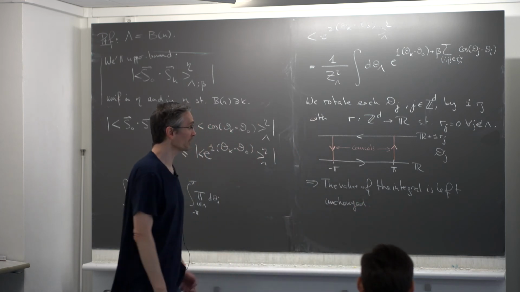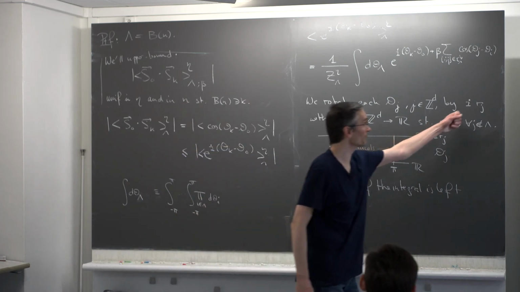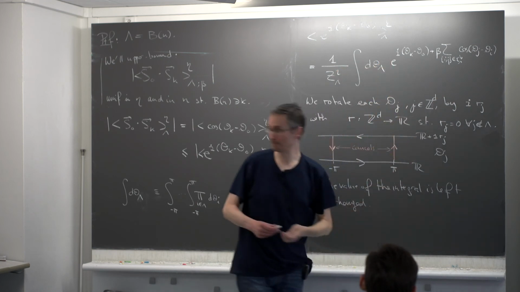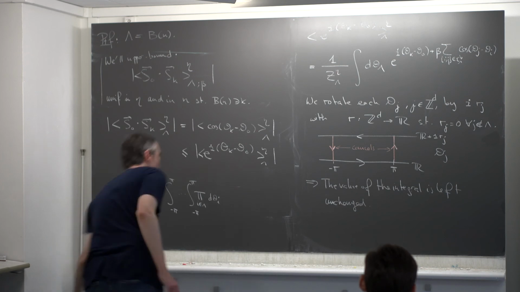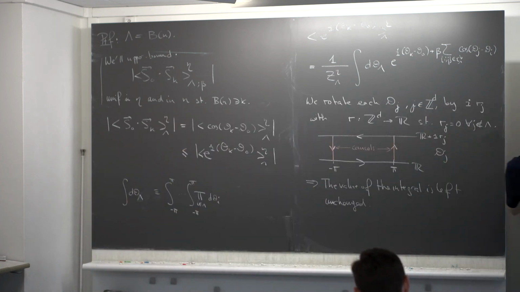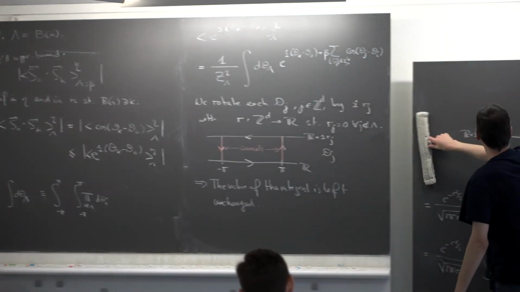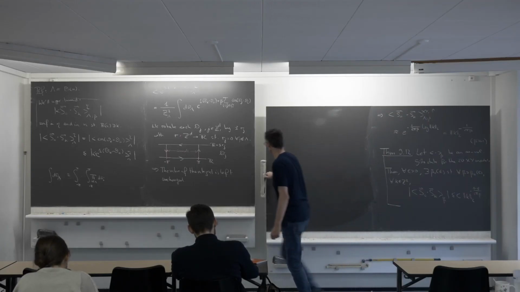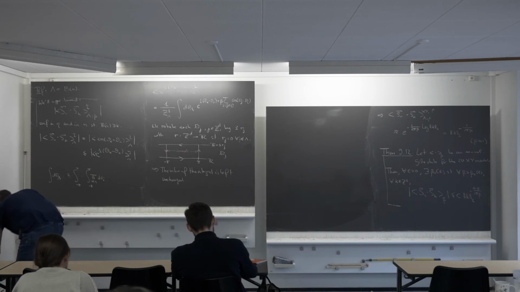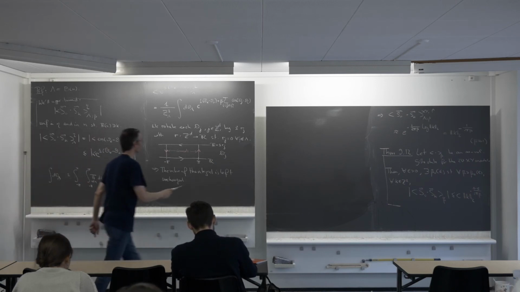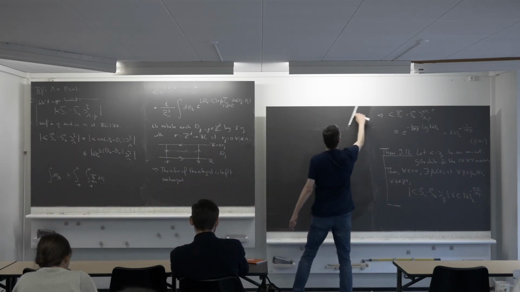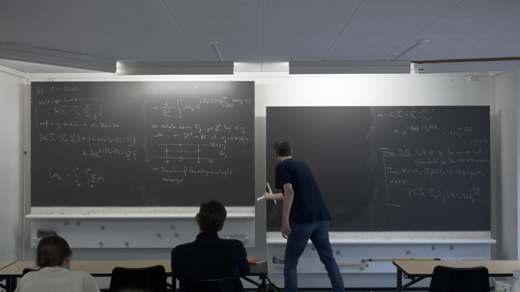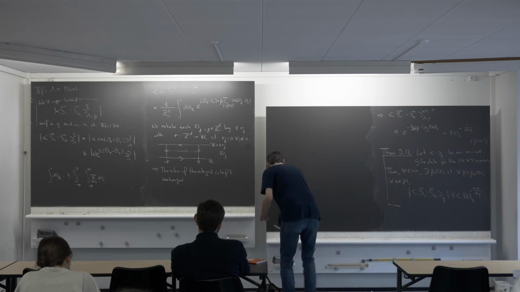Okay. Now I claim that after you've made such a shift, now you can take the modulus inside. And let's see why. So if you bring the modulus inside after having made the shift, what do you get?